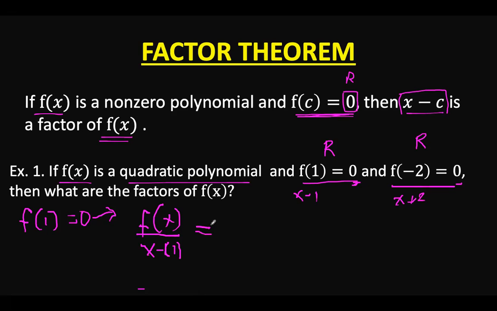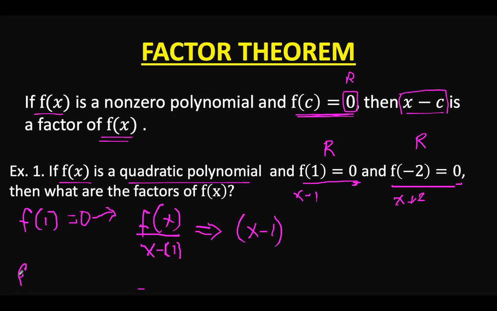And since 0 yung kinalabasan niya, therefore, x minus 1 ay factor ni f of x. Pag sinabi nating factor, isa siya sa mga factors. Okay? Pag sinimplify natin or finactorize natin yung f of x, isa siya sa mga factors ng function ng f of x. Okay? Now, punta naman tayo sa pangalawa.